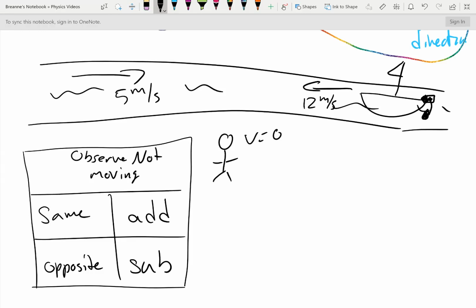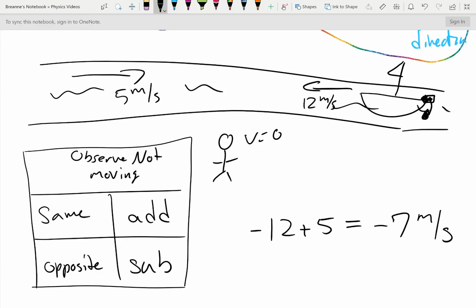So our observer is not moving, so therefore you subtract. Actually, in this case, it'll be negative 12 plus 5, because 12 is going to the left, 5 is going to the right. And so you get a negative number, so it just tells you it's going to the left, a negative 7. So that boat is going at a negative 7, and the direction would be left, or in this case, west.